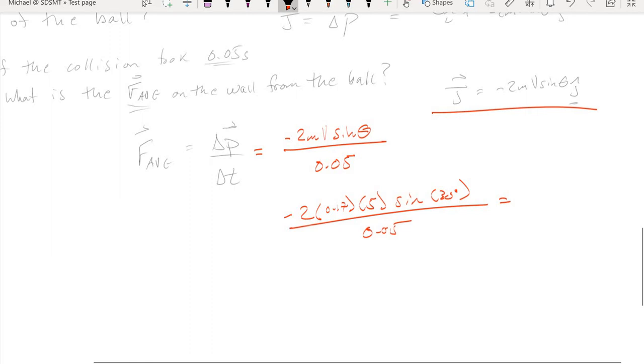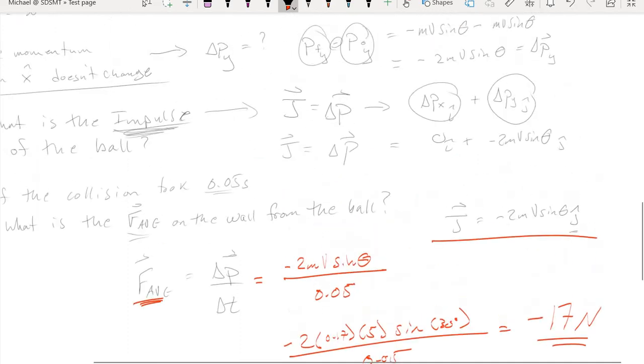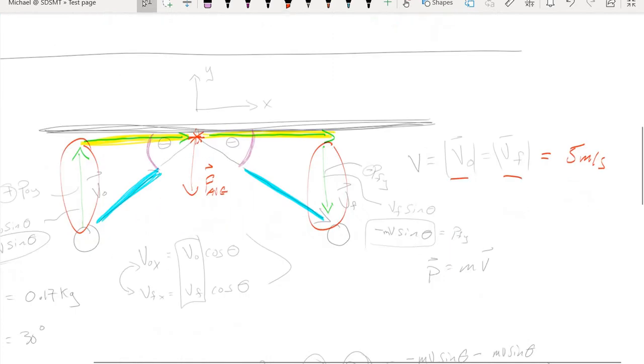2 times 0.17 times 5 times sine of 30 divided by 0.05 makes for a negative 17 newtons. So the ball experiences an average force of 17 newtons in the negative direction.